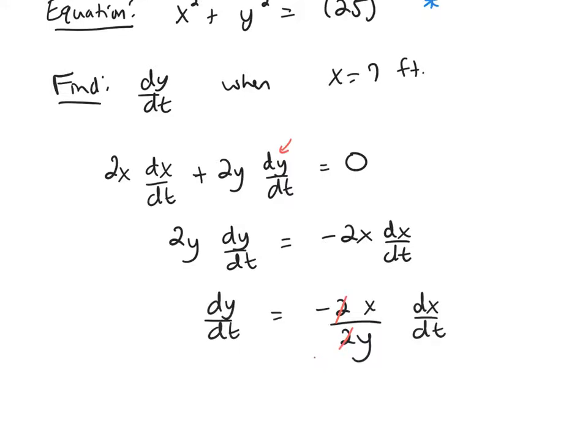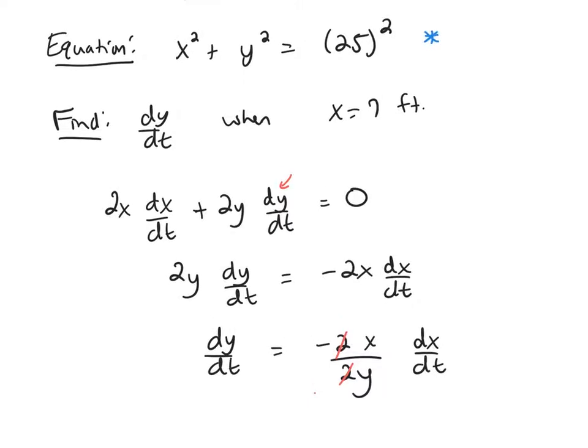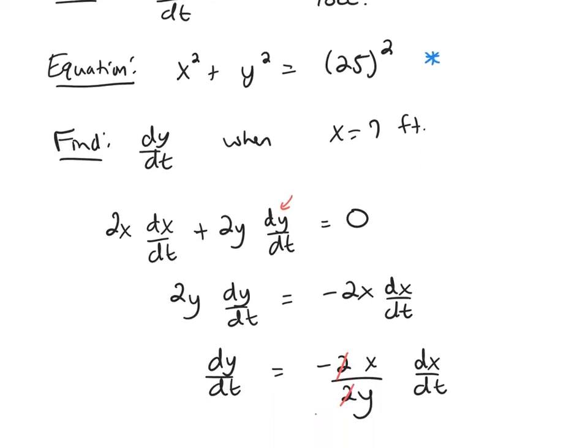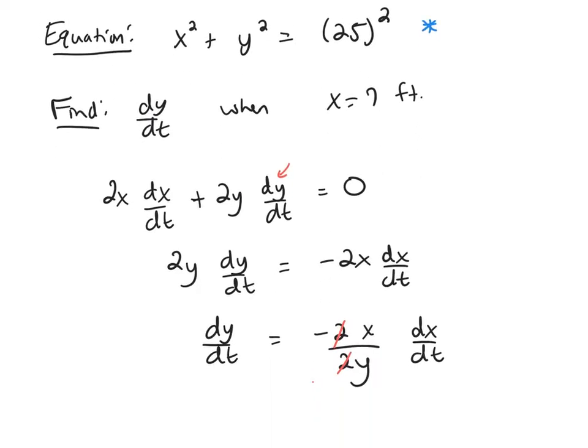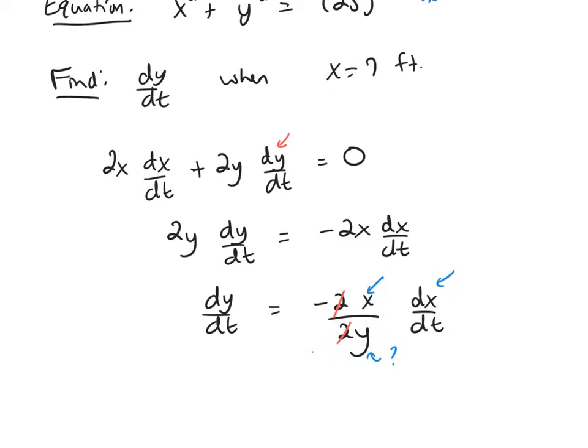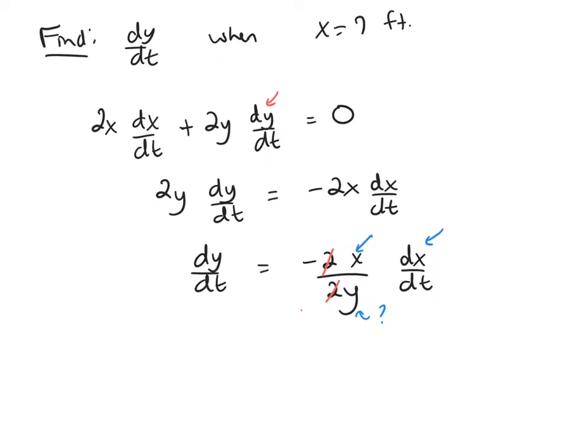So now I'm going to ask myself, do I have everything I need? Go back to my given, I have dx/dt. I'm also told x is 7, but the one I'm missing is y. So we need to know y. So what we're going to do is go back to our equation and plug in.